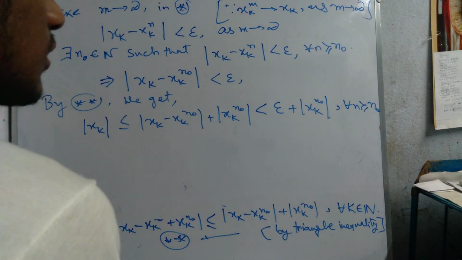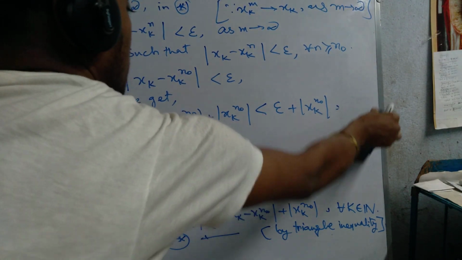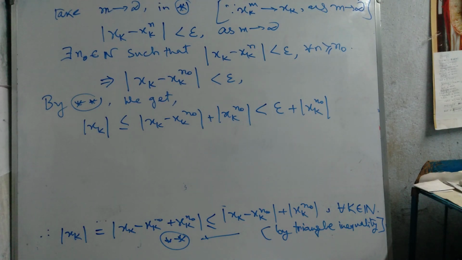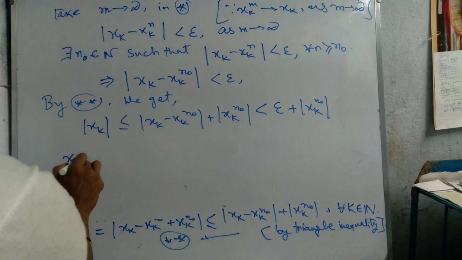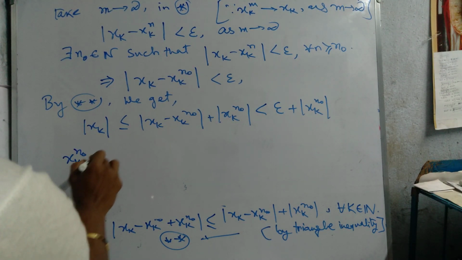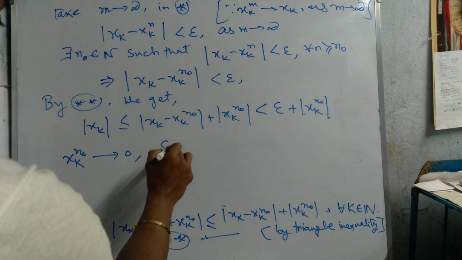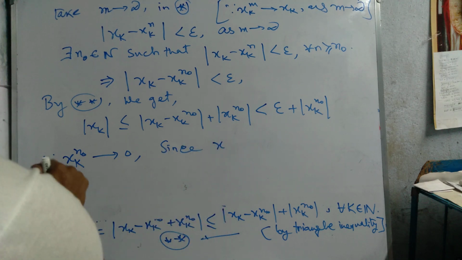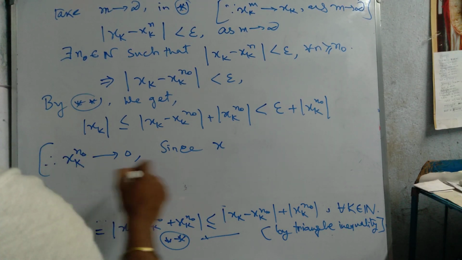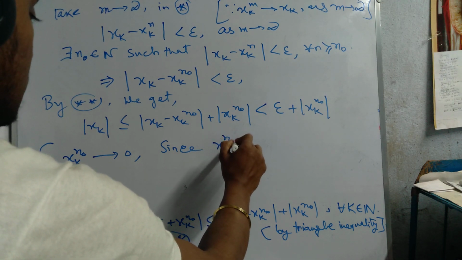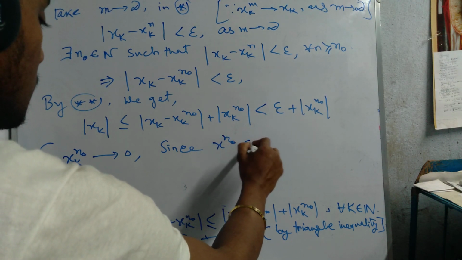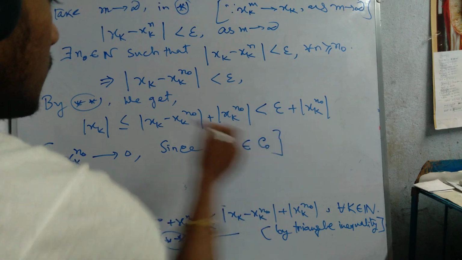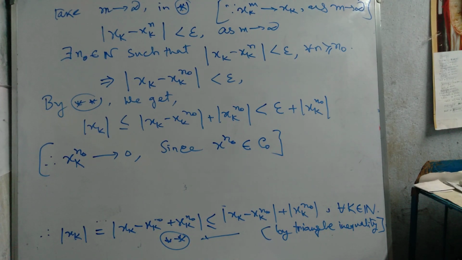This is not needed here because we take a particular n0. Now xk^(n0) tends to 0, since x^(n0) belongs to c0.